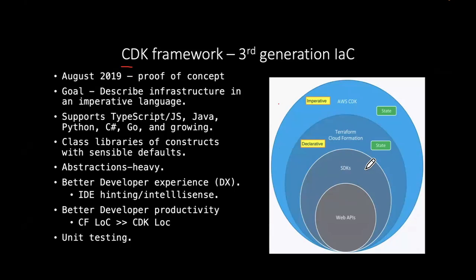And this onion layered image describes the evolution. So initially, what the AWS people did was they provided web API interfaces to the various services that they offer, like the EC2 service, the IAM service, the S3 service, etc.